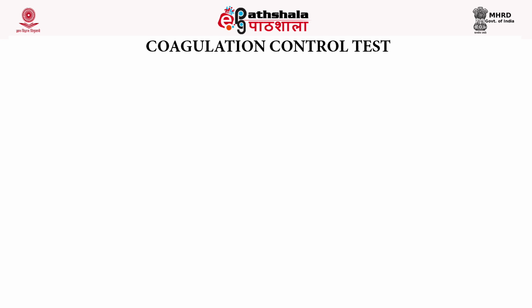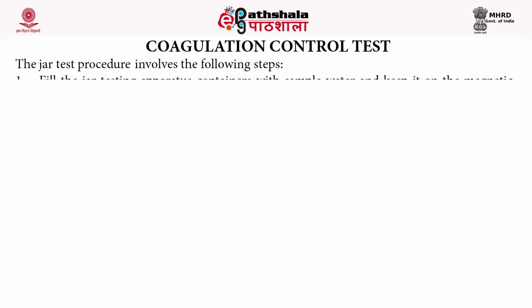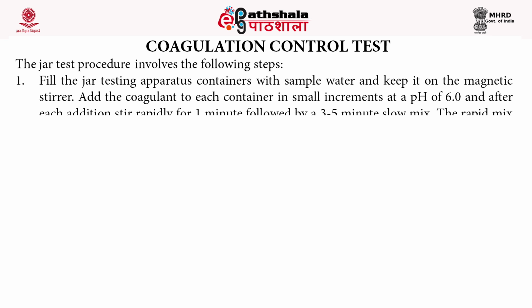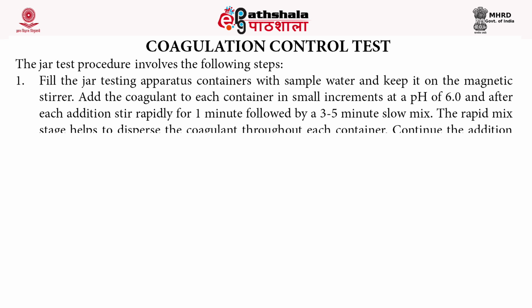Now let's study this jar test procedure. As you can see in the picture, the jar test procedure involves the following steps. First, the jars have to be filled with the water sample and kept on the magnetic stirrer. The coagulant is added to each container in small increments at a pH of 6.